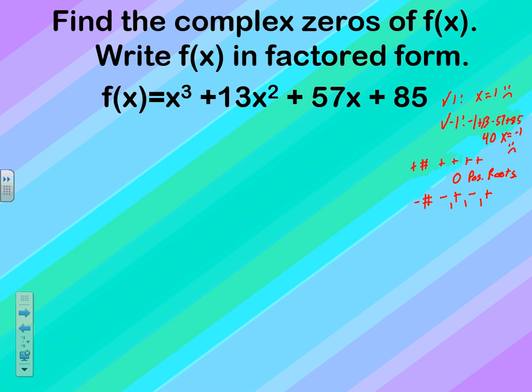Now we're going to start writing out our factors. The factors of 85 are 1 and 85 and 5 and 17. Those are the only factors of 85, and the factors of the Q term are just 1.